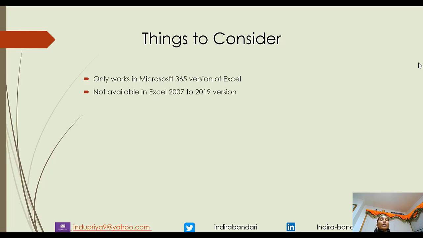A couple of things to consider here: the functions that I'm going to use in this session are not available for Excel versions 2007 to 2019. They are only available in the Office 365 version, or the latest, called M365 or Microsoft 365 version of Excel only.